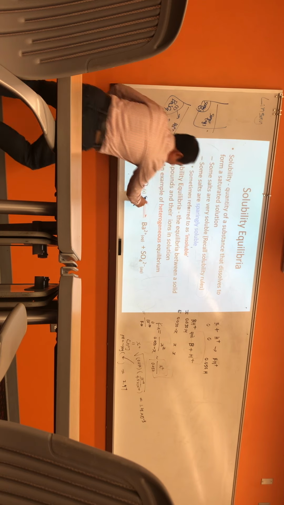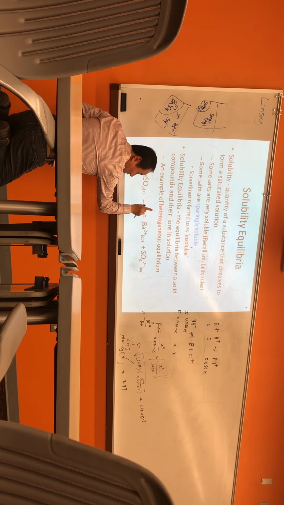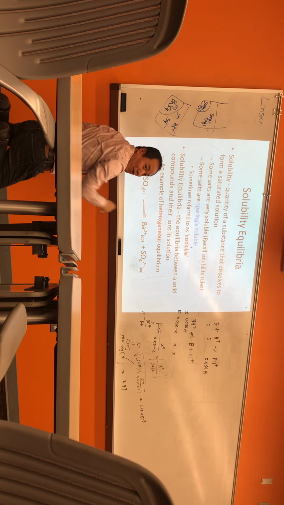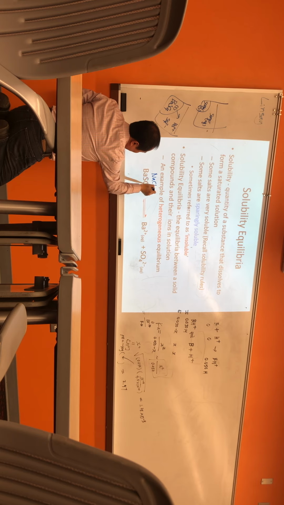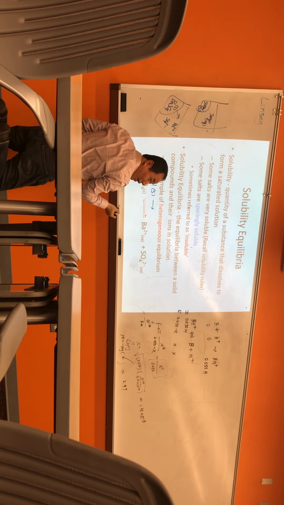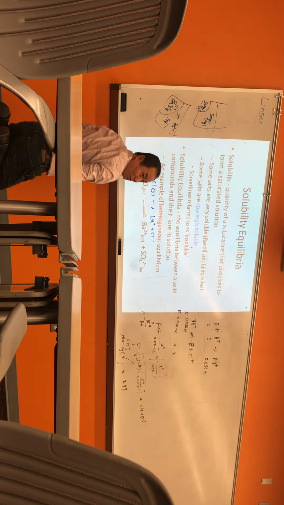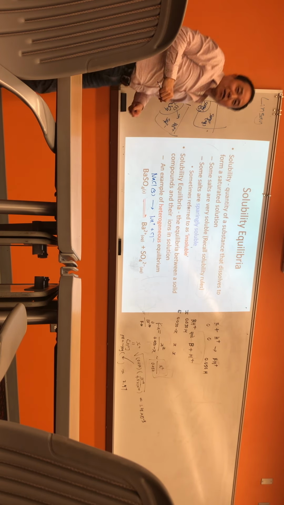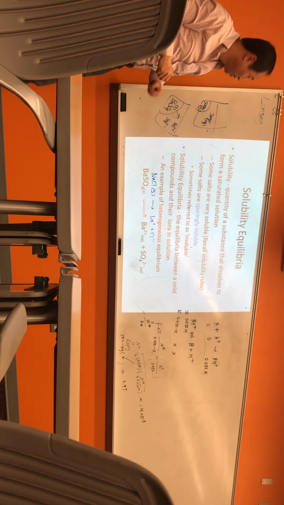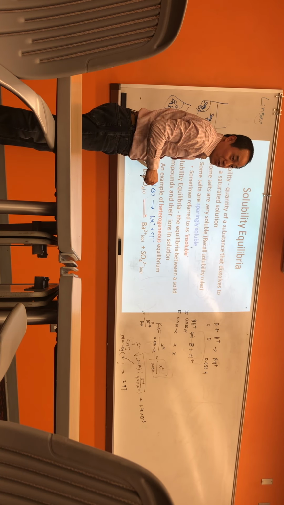Okay? So when an ionic compound dissolves, it dissociates as ions, and we can write an equilibrium constant, because anytime you have equilibrium, I mean the reaction is not complete. For example, table salt. If you put table salt in water, most of the time it completely dissociates. But if you put in tons of table salt, at some point it may not dissolve anymore. That is what we call a saturated solution, right?